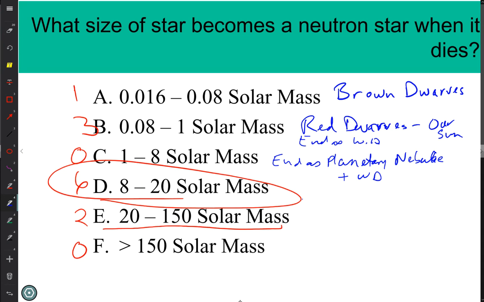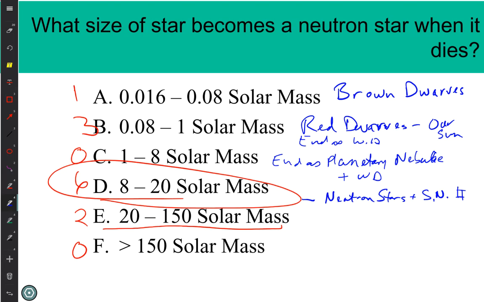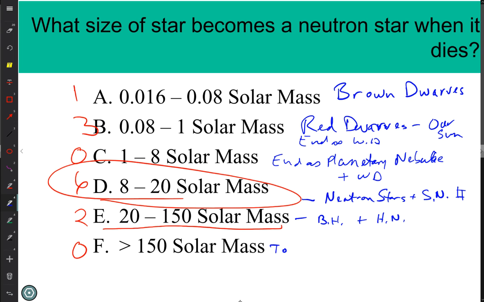Then the 8 to 20 is large stars that will end up as neutron stars and a type 2 supernova. So you have the supernova remnant. 20 to 150 end up as black holes plus a hypernova. And greater than 150 is too much mass.